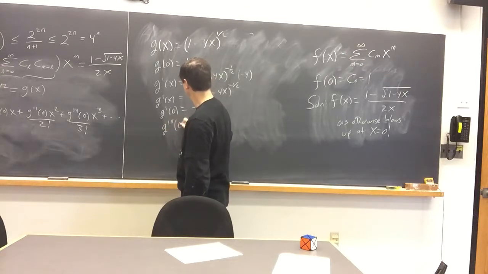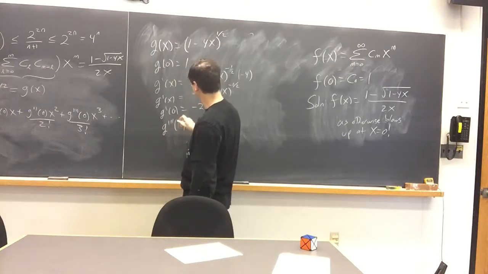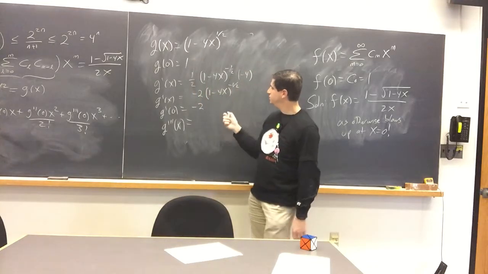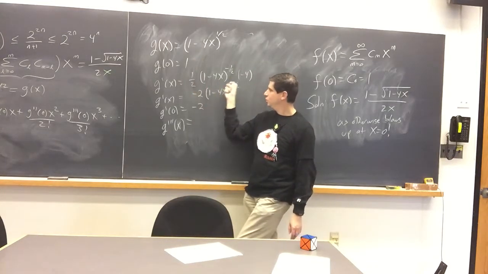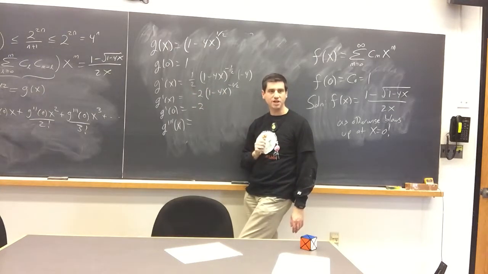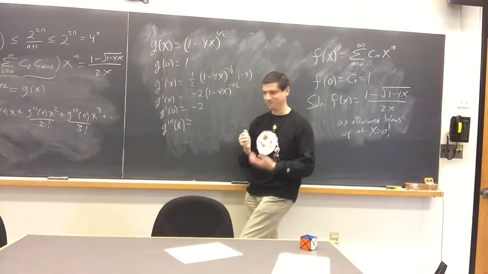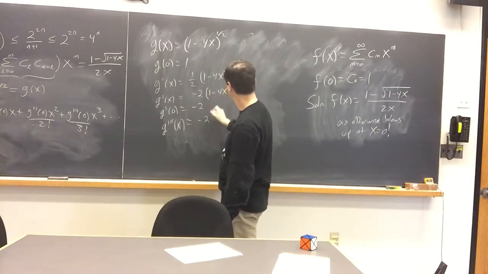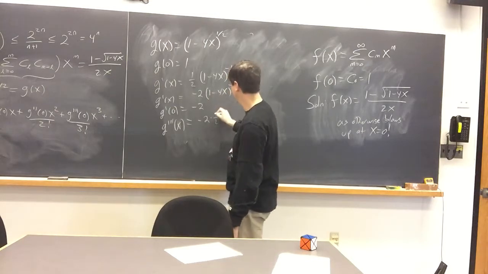G double prime of x will be, now we take another derivative of this. Now what's interesting is at this point we have a negative 2, we have a negative from this, and we have a negative from this. So negative, negative, negative is always going to be a negative. So we'll have negative 2 times 1/2. I'll leave the negative sign.